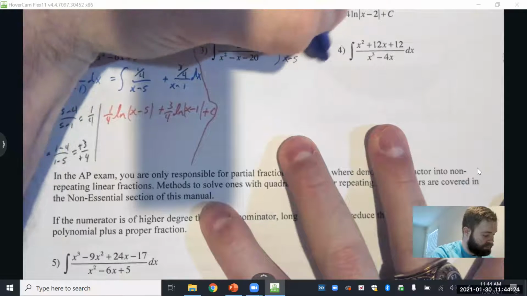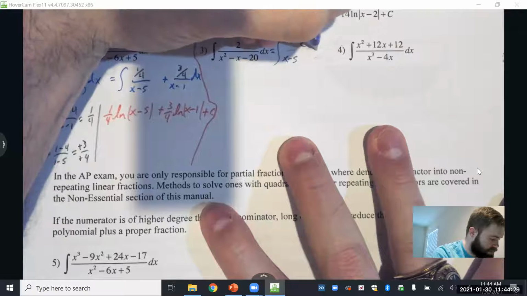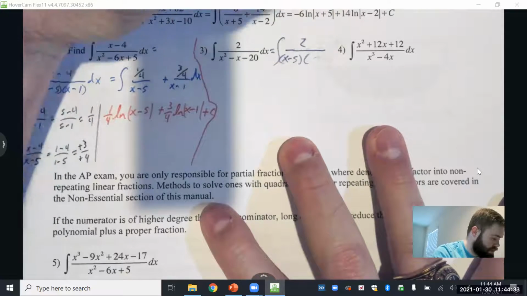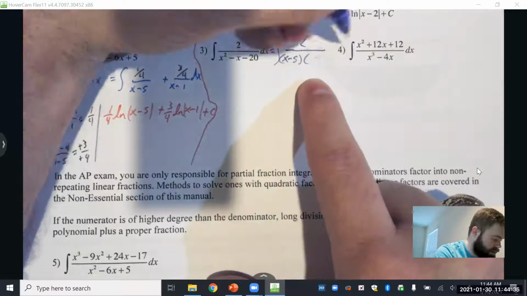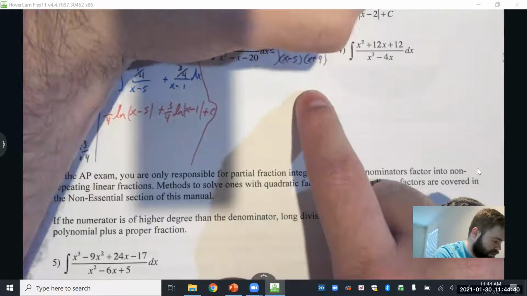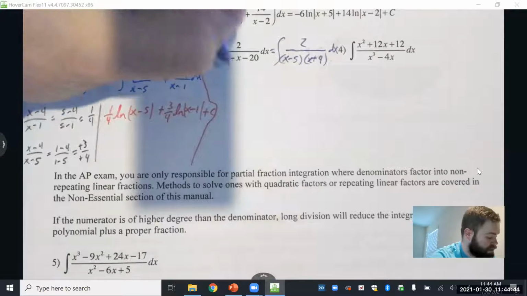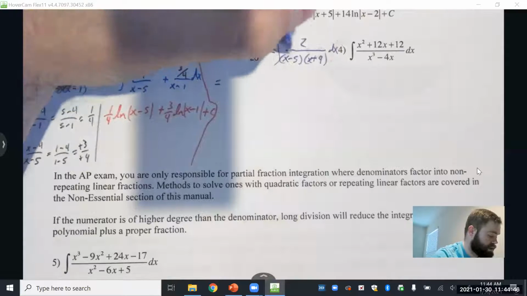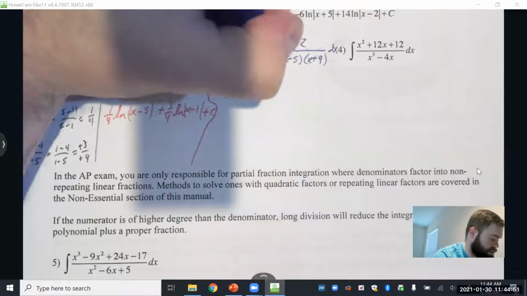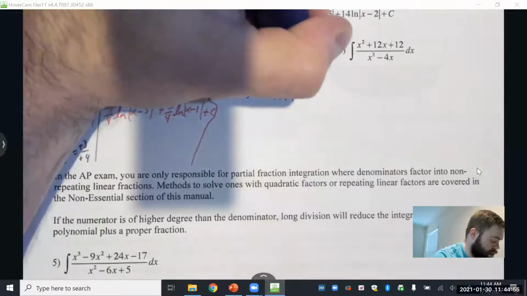I'm just going to write out the factors first. So we have 2 over x minus 5 times x plus 4 dx. There we go. And now that will end up equaling the integral of something over the x minus 5 plus something over the x plus 4 dx.